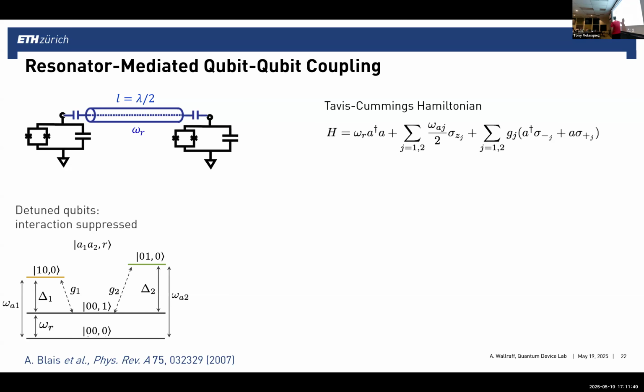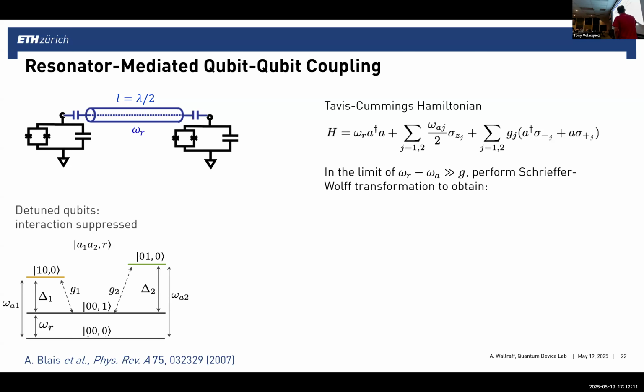And the 2 qubits in this case are detuned from each other, so that the left qubit has a lower transition frequency than the right qubit. And the 2 qubits have coupling strengths G1 and G2 between the qubit and the readout resonator, and they have individual detunings of the qubit to the readout resonator, delta 2 and delta 1.